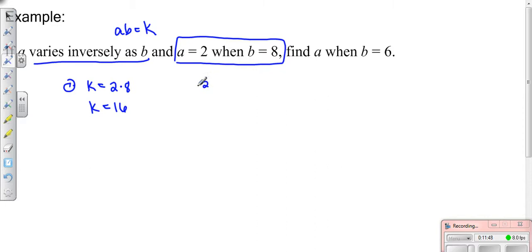I use that information to find A. So A times 6 is equal to 16. Go ahead and divide both sides by 6. And A is equal to 16 over 6, which is the same as 8 over 3.